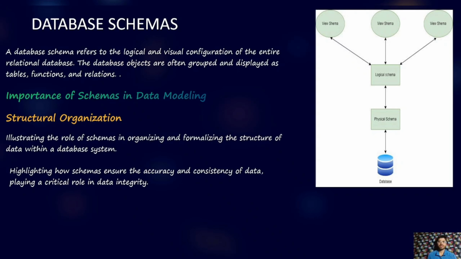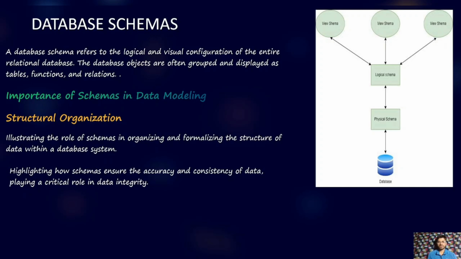Now coming on to database schemas. Database schemas basically refer to the logical and visual configuration of the entire relational database. The objects are often grouped and displayed as tables, functions, and their relations.